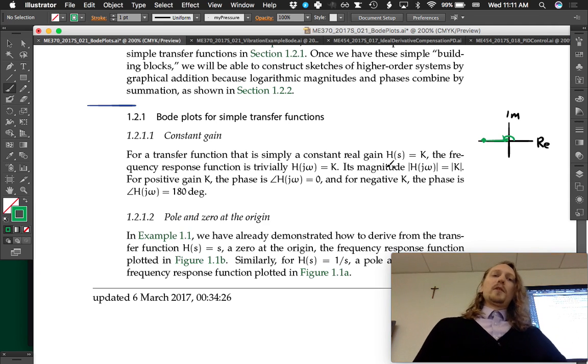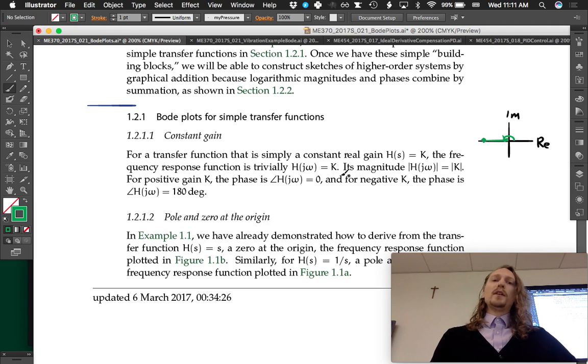So for a transfer function that is simply a constant real gain, the frequency response function is trivially just k, whatever the gain is. Its magnitude is the magnitude of k. For positive gain k, the phase is 0, and for negative, the phase is 180 degrees, or pi.